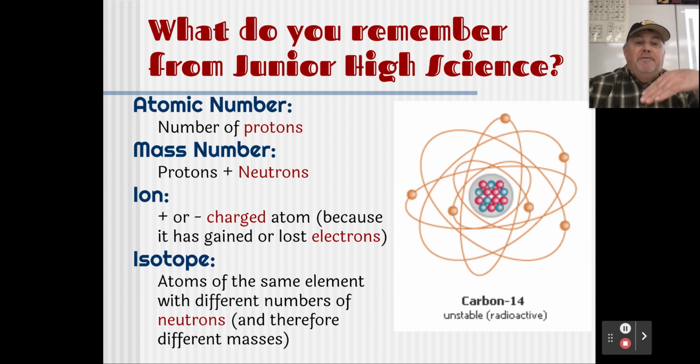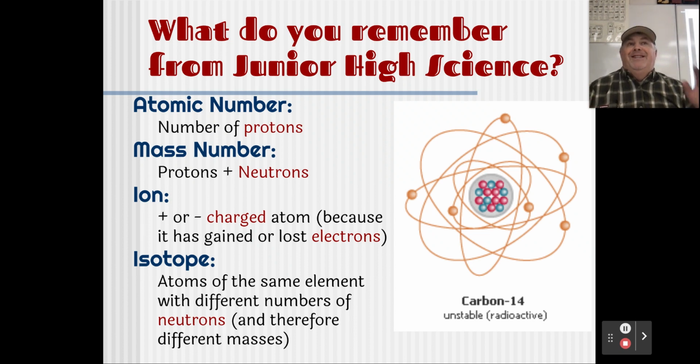Now, we've seen this before, for example, when we look at evolution. We use carbon as an example of carbon dating. And when we date carbon, we know that there are two forms. There's a form called carbon 12, and there's a form called carbon 14. Really, they're both carbon. The difference is the number of neutrons each one has. One has 2 more neutrons.